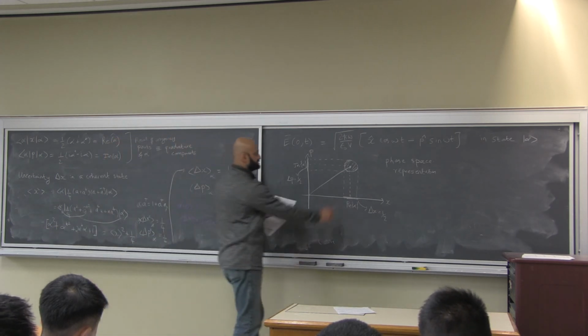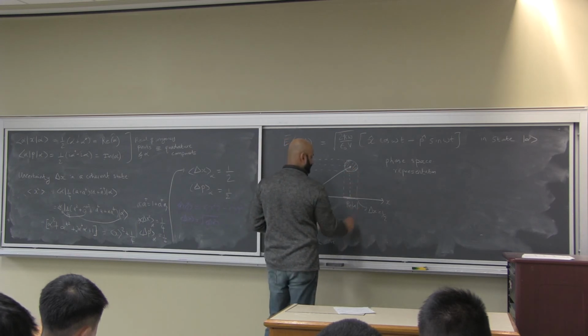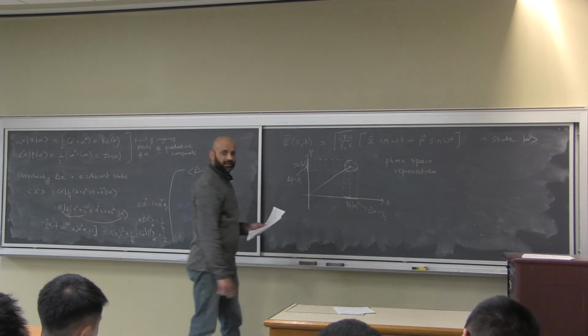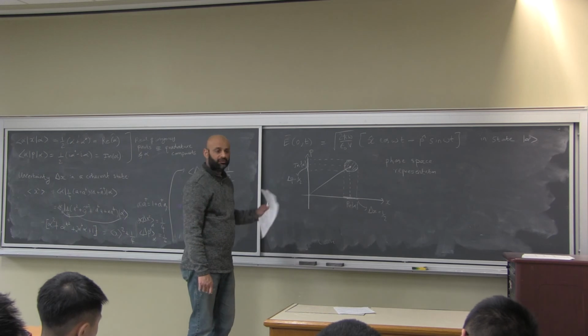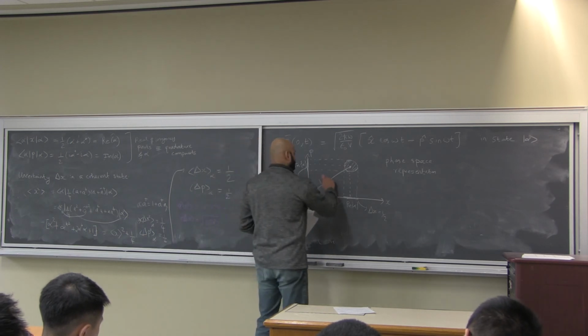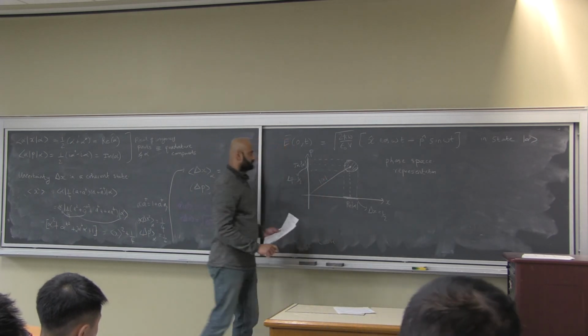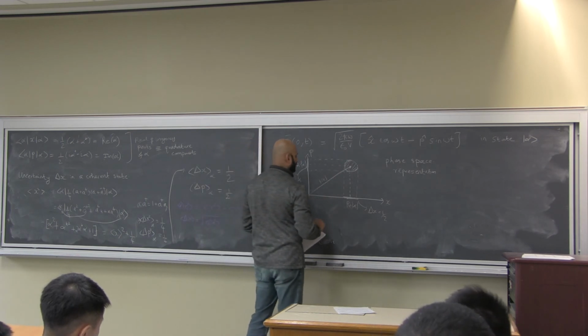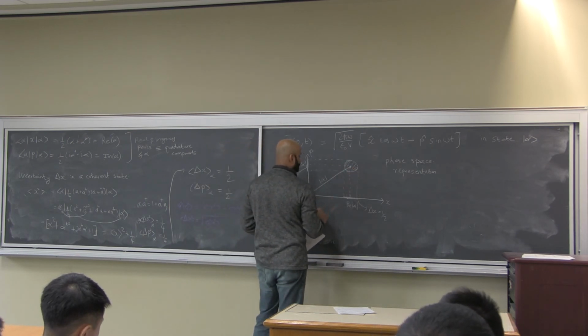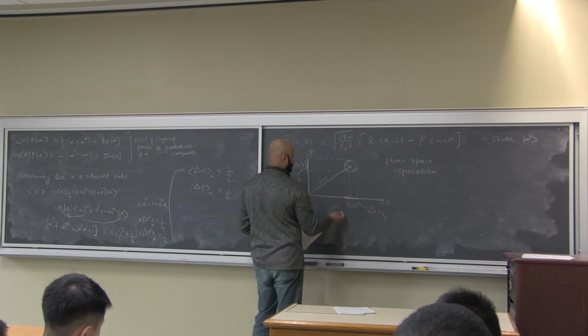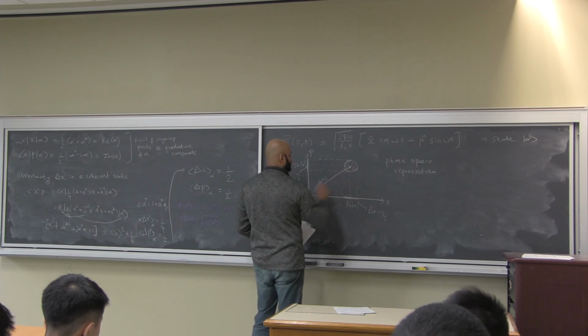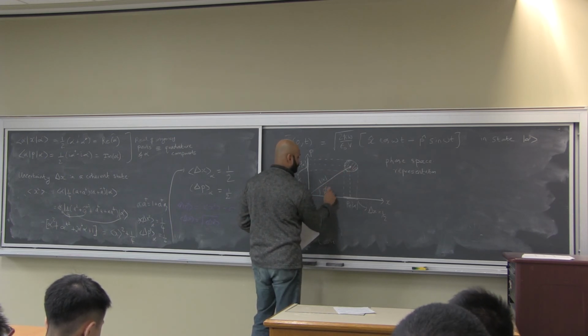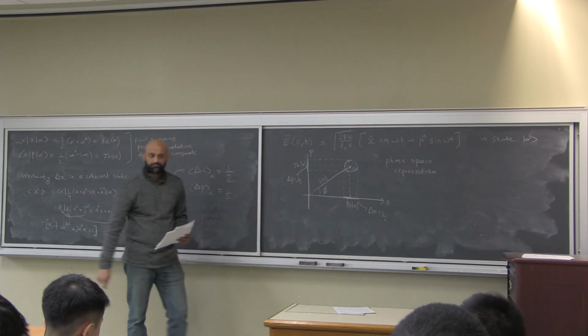Also, since we are in this complex plane where x and p represent the real and imaginary parts of alpha, we can also write the magnitude of this value, the magnitude of alpha, which represents the point, real and imaginary parts in x and y direction, in polar coordinates as alpha and some phase phi, right?